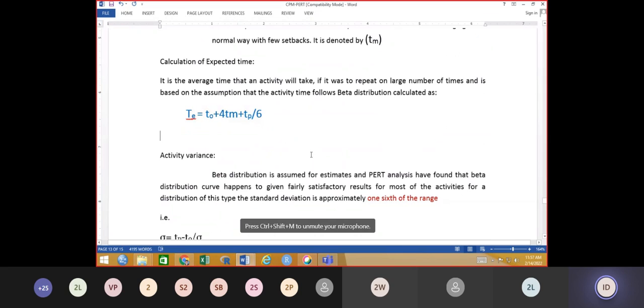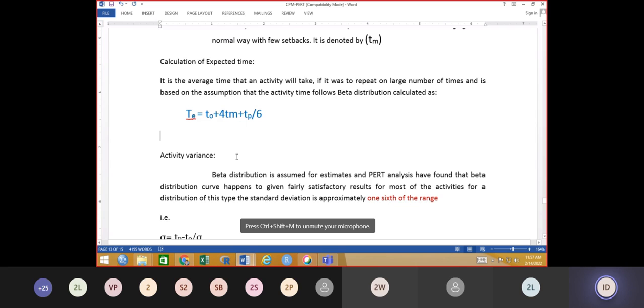Now, activity variance. What do you mean by activity variance? The beta distribution is assumed for the estimate, and PERT analysis has found that the beta distribution curve happens to give a fairly satisfactory result for most activities.